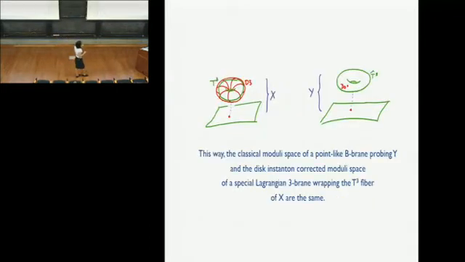And so here's a 3 brane wrapping the T3 fiber of X and the dual brane, which is just a point brane, on the mirror. So this way, the classical moduli space of this point brane on the mirror and the disk instanton corrected moduli space of this 3 brane probing X are the same.